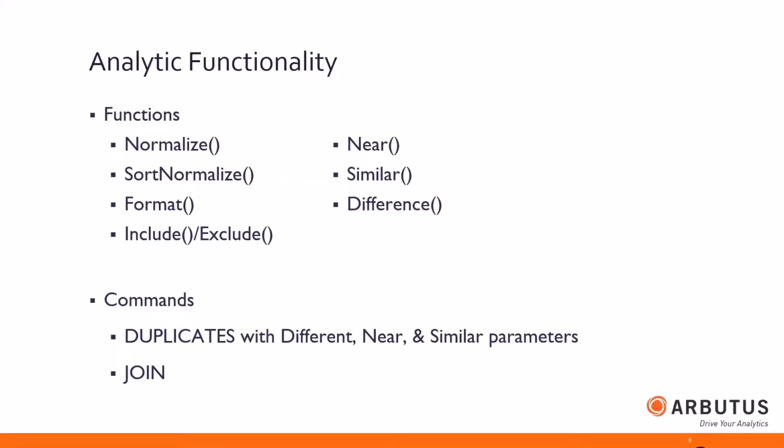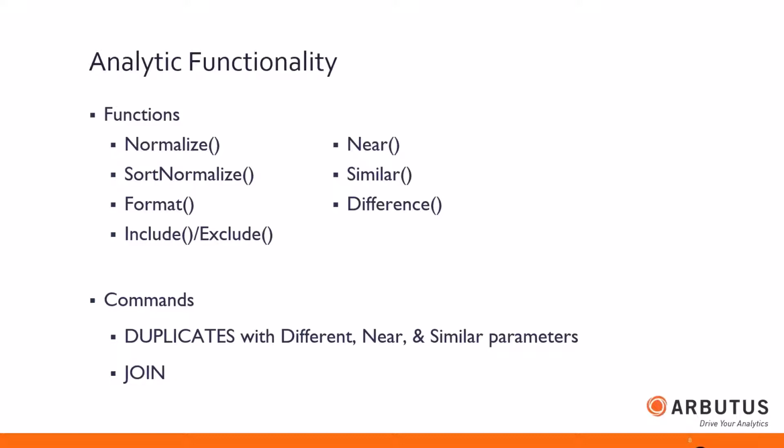In Arbutus, we've got two classes of analytic functionality. In functions, which are part of the expression builder, we've got at least 6-7 functions that can be used to detect fuzzy duplicates: normalize, sort normalize, format, include, exclude, near, similar, and difference. As far as commands go, the duplicates command is very powerful, with some new enhancements with different near and similar parameters.